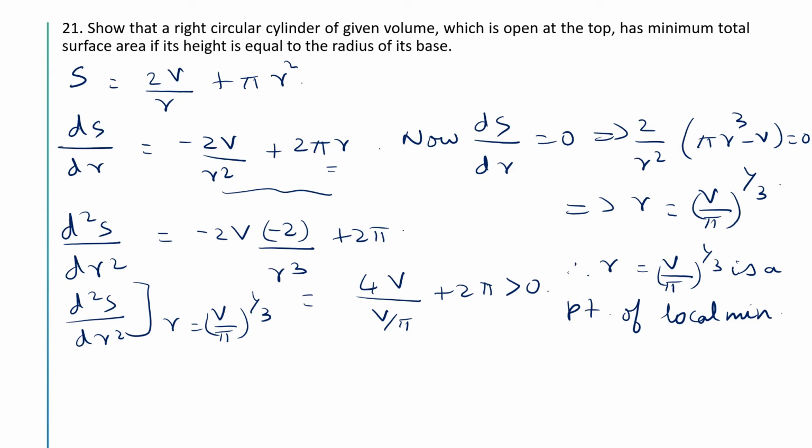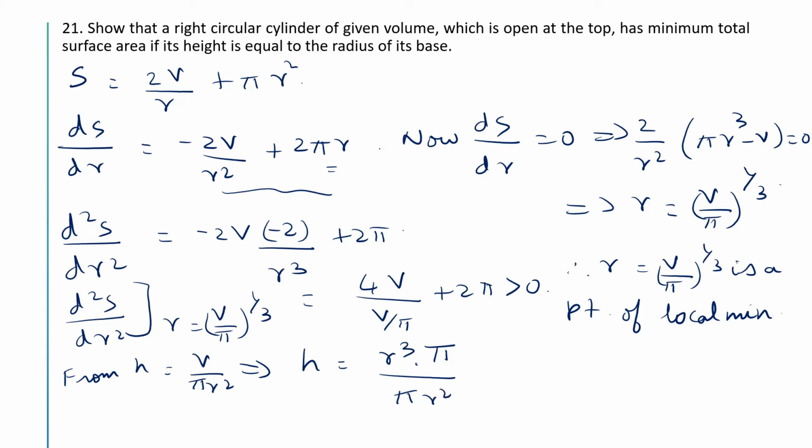Now initially we have taken H is equal to V by pi R square. So from here, this implies H is equal to, V is nothing but R cube into pi divided by pi R square.